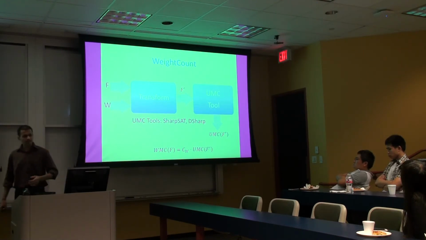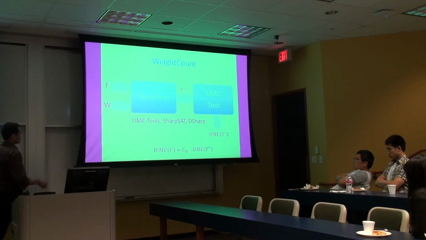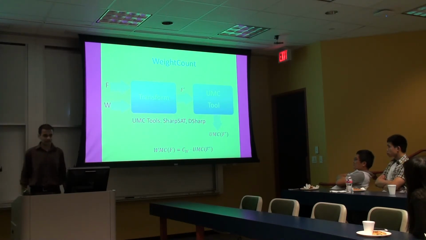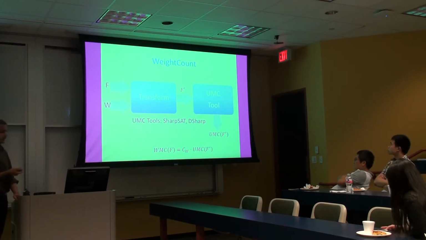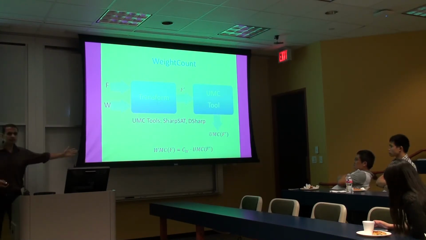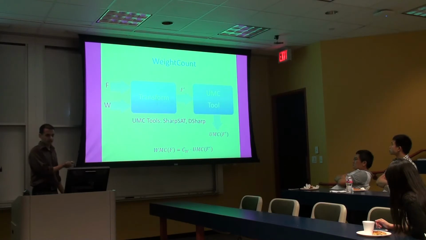If you are wondering why there is sharp in the name, it's because this problem is sharp-P complete, so people are not too creative, so they try to put sharp there. And our transformation, of course, gives the property that once we know the unweighted model count, the WMC is very simple. It's just 2 raised to minus n, right? So even humans can do it. You don't even require someone to do multiplication.